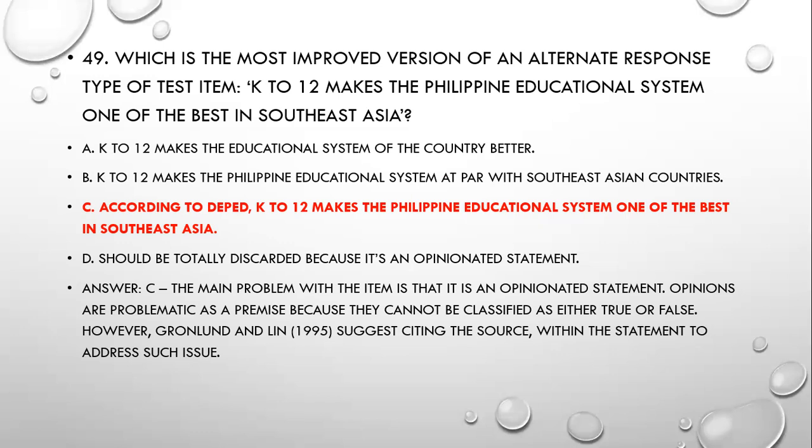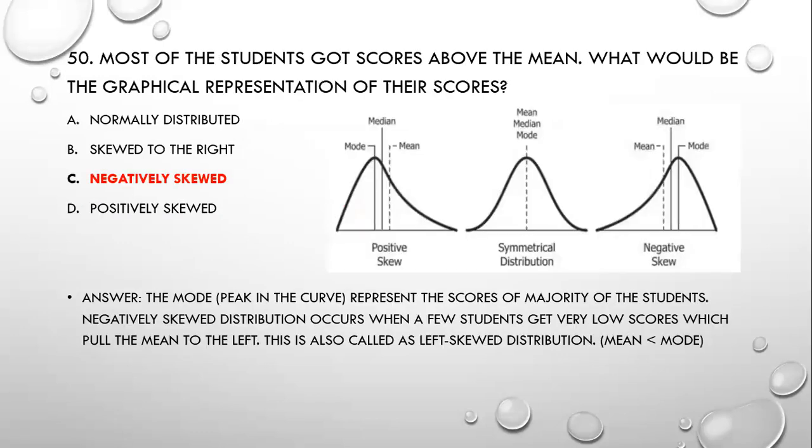Number 50. Most of the students get scores above the mean. What would be the graphical representation of their scores? The answer is letter C, negatively skewed. A negatively skewed data distribution, as shown in the rightmost image in the diagram, shows that the mean is less than the mode.